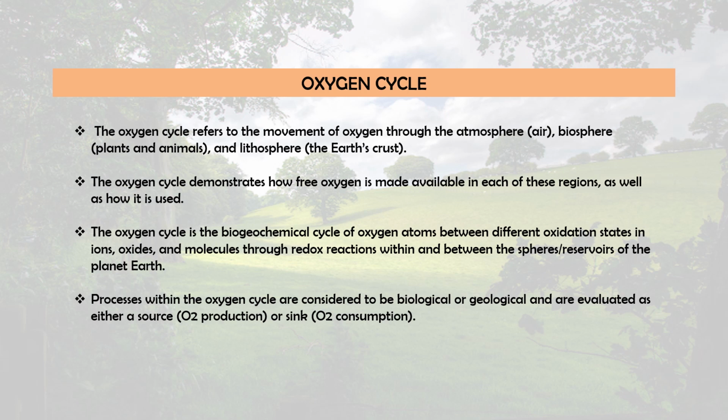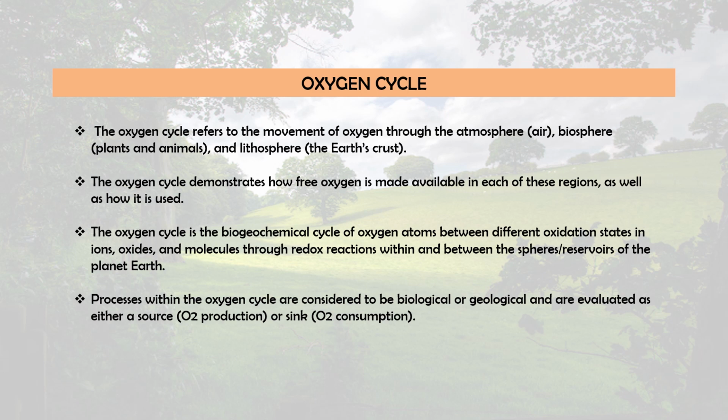This oxygen cycle belongs to the gaseous cycle, and the oxygen cycle mainly refers to the movement of oxygen through the atmosphere, that is air, to the biosphere between plants and animals, and the lithosphere in the earth's crust. So the movement or the cycling of oxygen within all three spheres gives us the oxygen cycle.